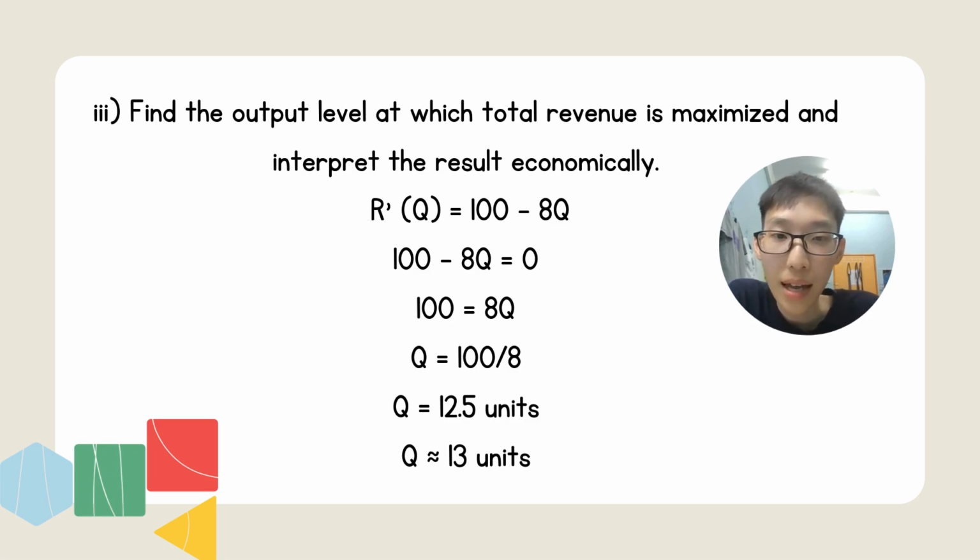Then moving the 8 from right hand side to the left hand side, from multiply to divide, we will get Q equal to 100 divided by 8. Solving 100 divided by 8, we will get 12.5 units. And lastly, we will round off the quantity. We will get the output level at which total revenue is maximized is equal to 13 units.